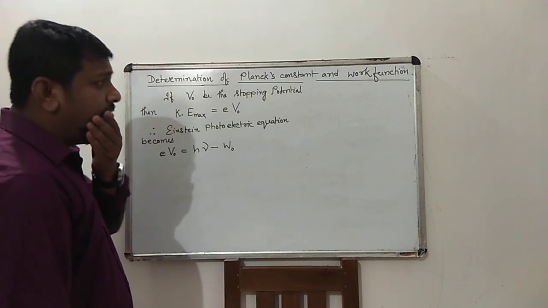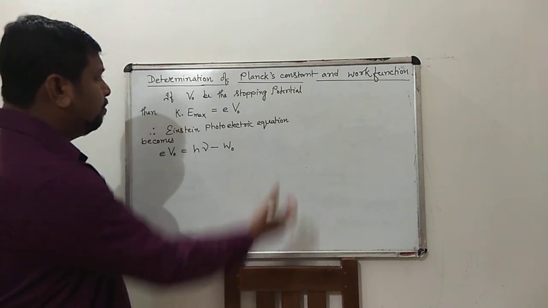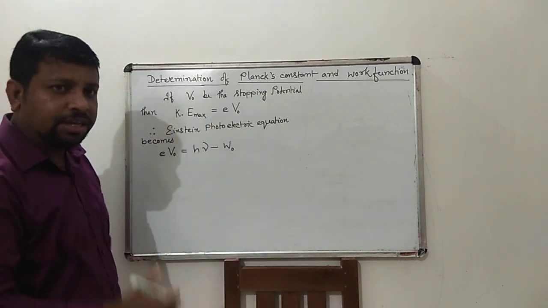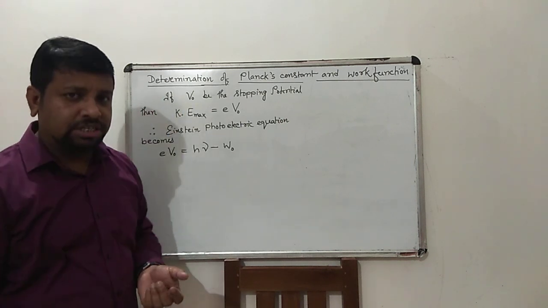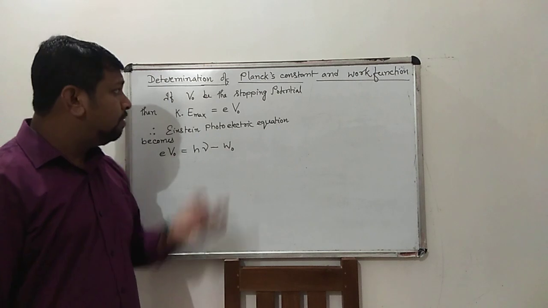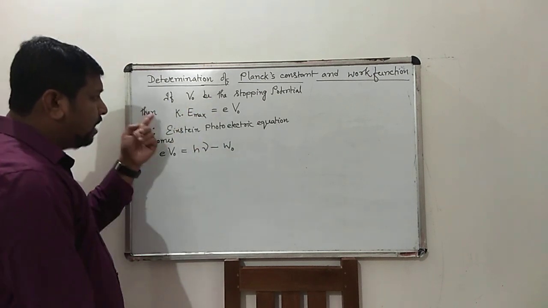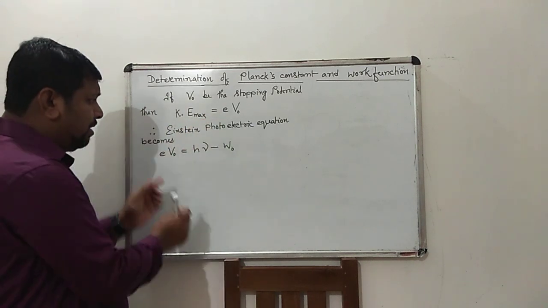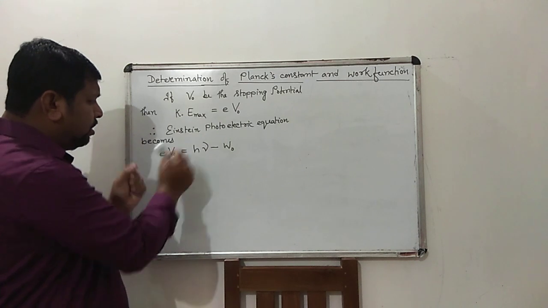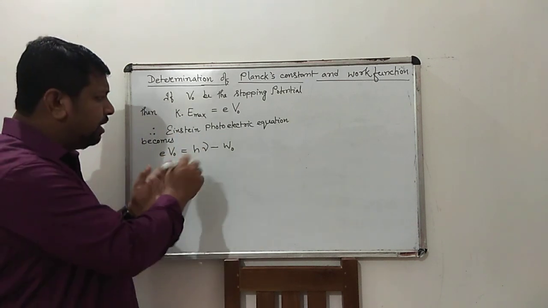Planck's constant is h and work function is W naught. How are they determined? Let V naught be the stopping potential; then we already know kinetic energy maximum equals e V naught. And the Einstein photoelectric equation says kinetic energy maximum equals h nu minus W naught.